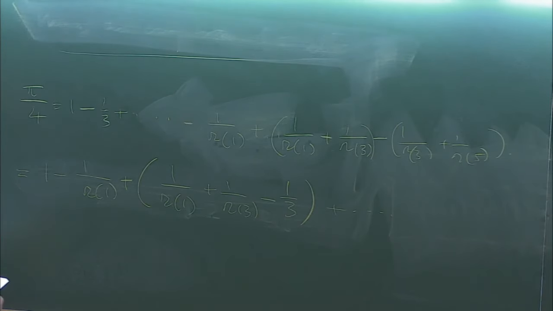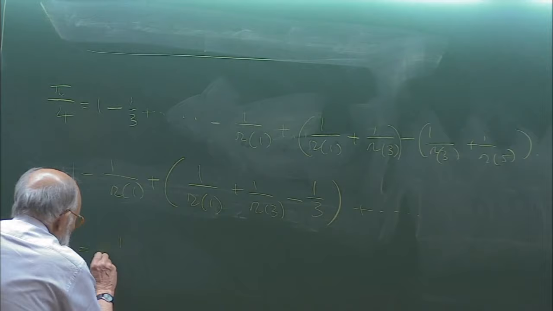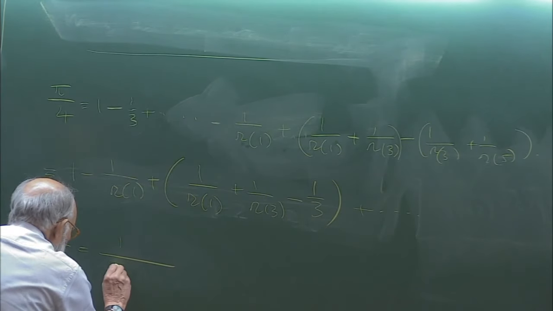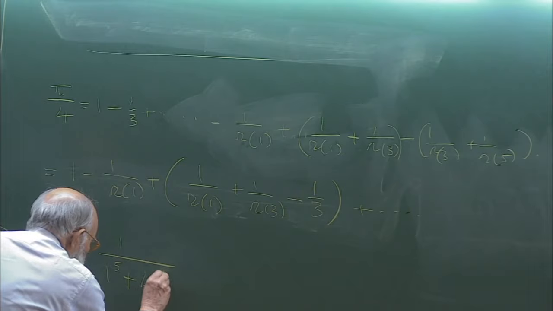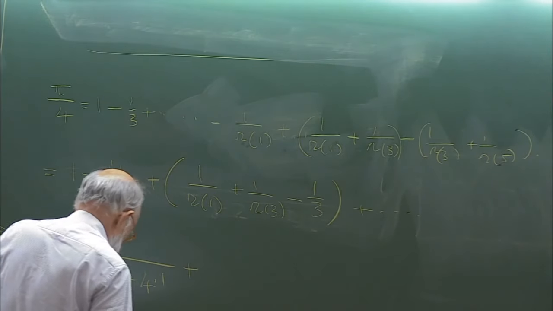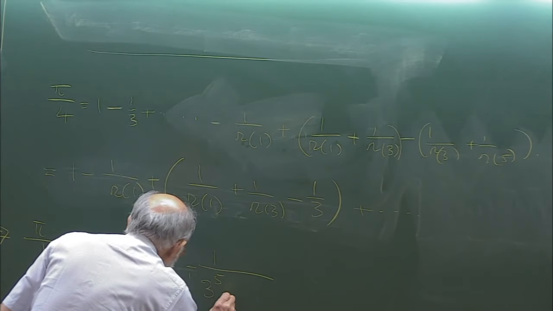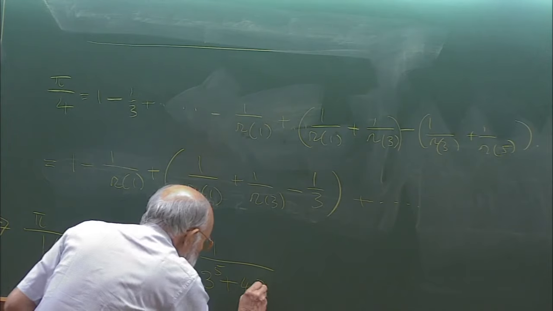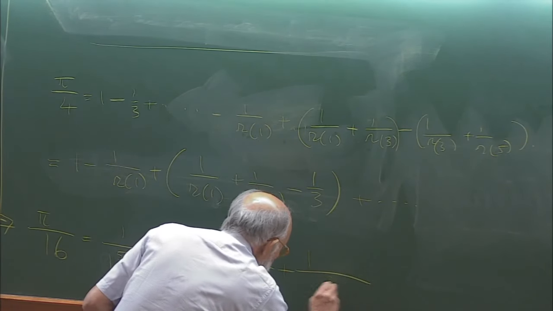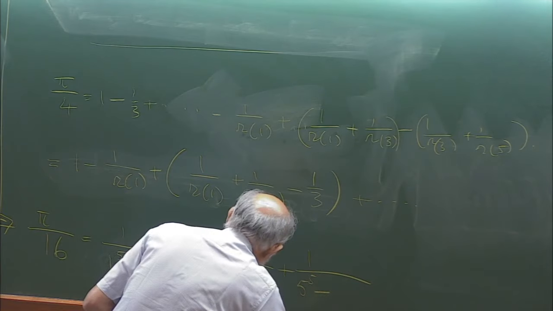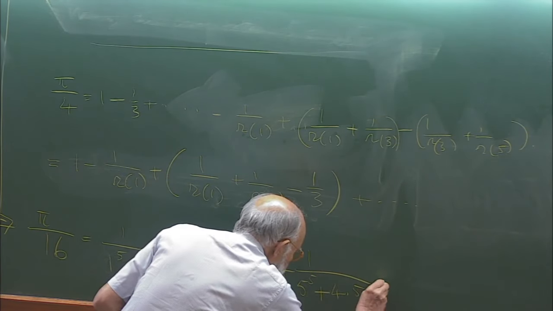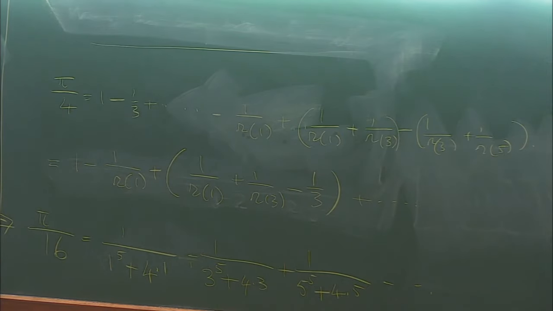You get pi divided by 16 is equal to 1 over 1 to the power 5 plus 4 times 1, plus minus 1 over 3 to the power 5 plus 4 times 3, plus 1 over 5 to the power 5 minus plus 4 times 5, etc. Okay.